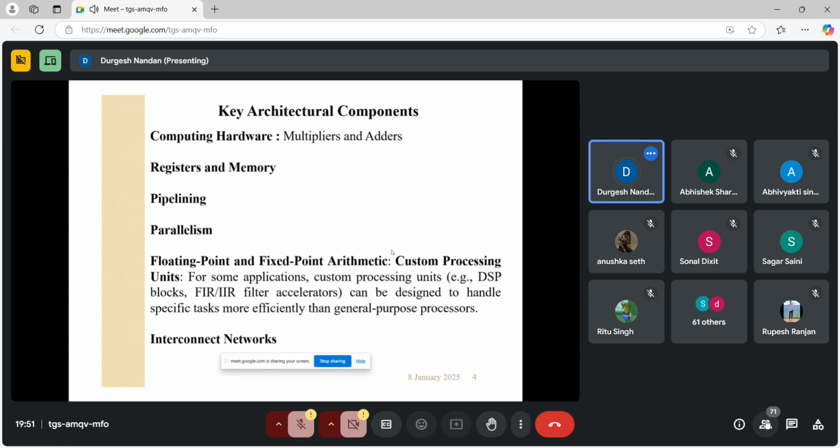Then there are popular optimization techniques, which are used every year to optimize area, power, and delay: pipelining and parallelism. Another one is floating point and fixed point arithmetic. And the last one is the interconnect network.